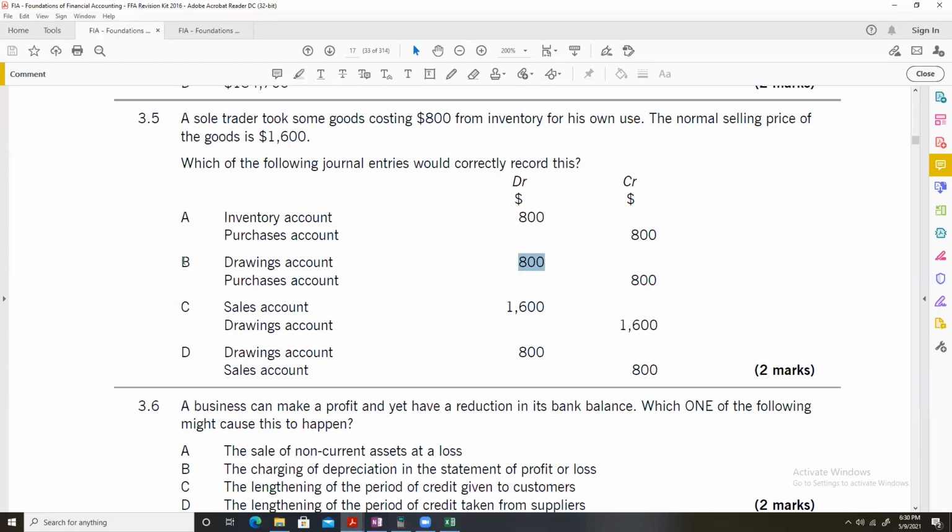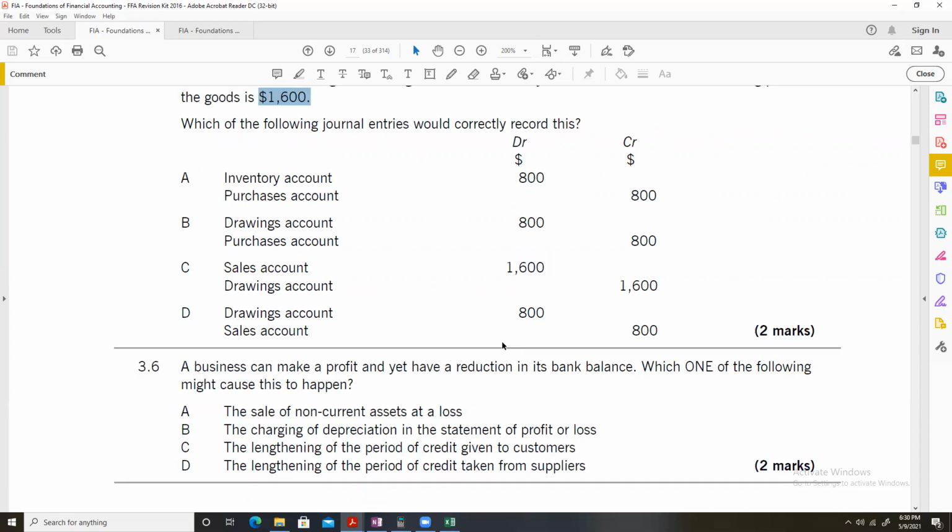So just remember this double entry, and remember that when inventory is taken out of the business for the owner's personal use, we take the cost price of the goods. We debit the drawings account and credit the purchases account. So B is the correct answer to this one. Selling price has nothing to do with this transaction. This is irrelevant, so simply ignore the selling price.